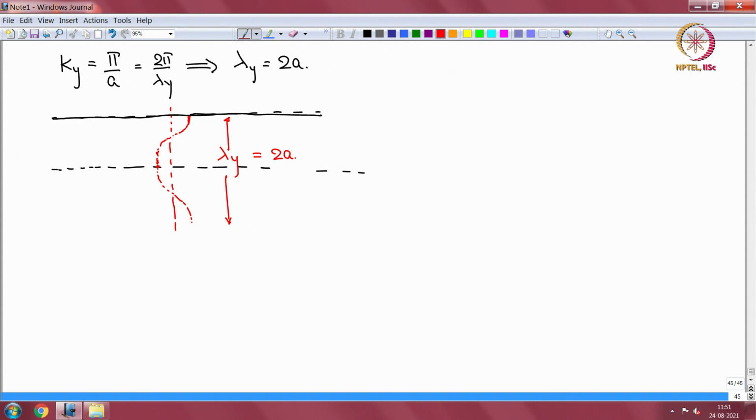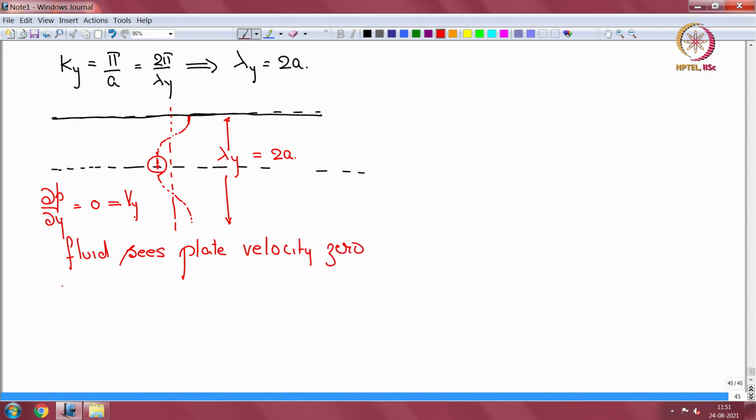But what is the net result? You can see here del p del y is 0, which is equal to Vy. So the velocity here is 0, the fluid velocity. So the fluid sees the plate velocity 0, and the structure sees fluid velocity as 0.